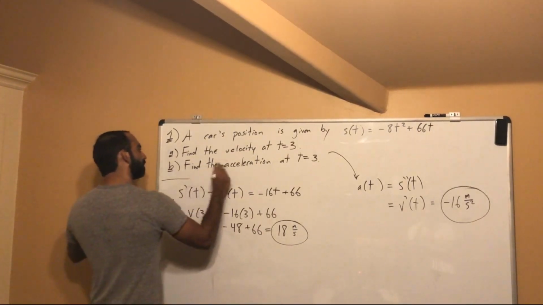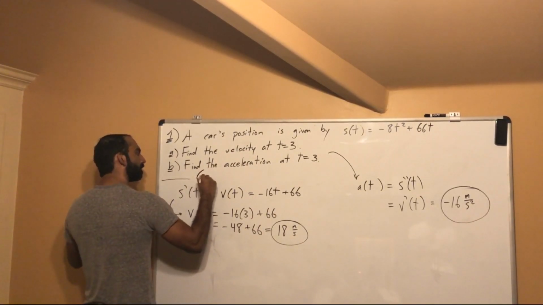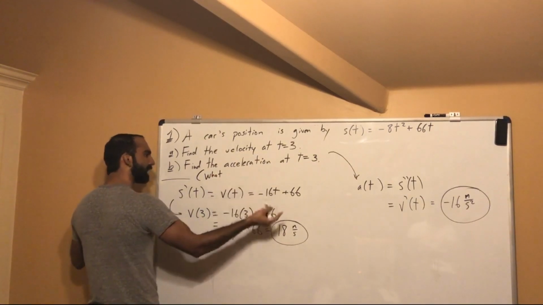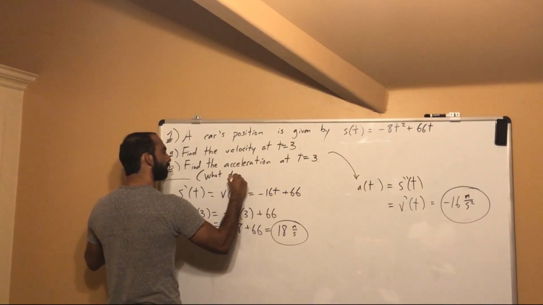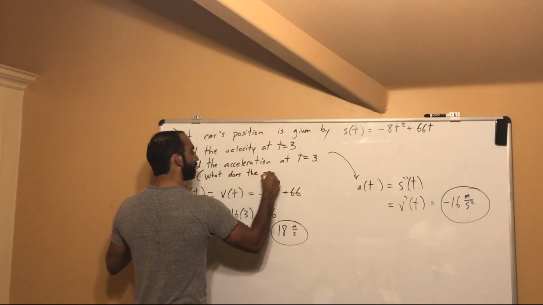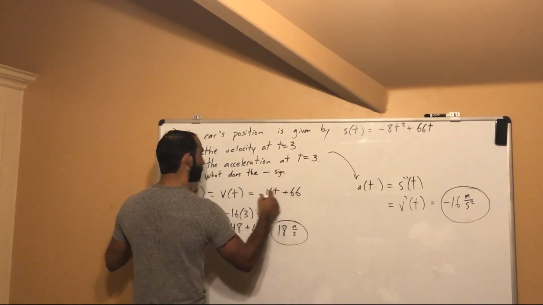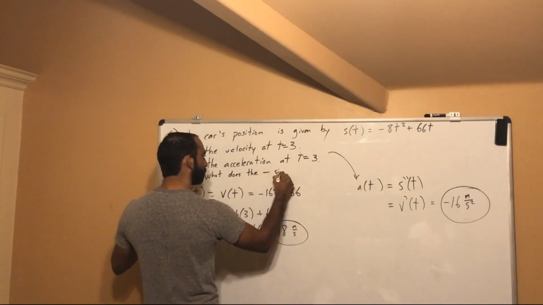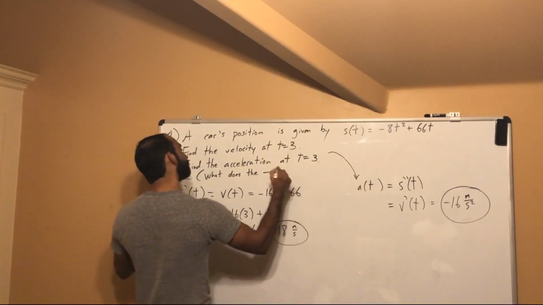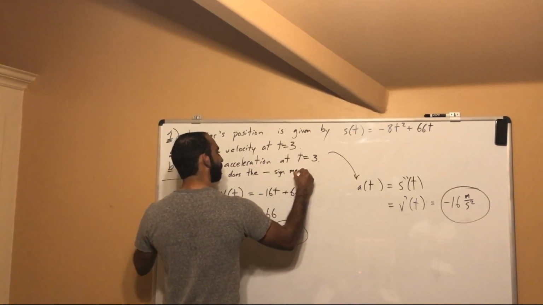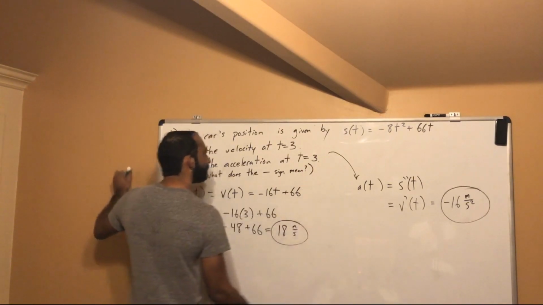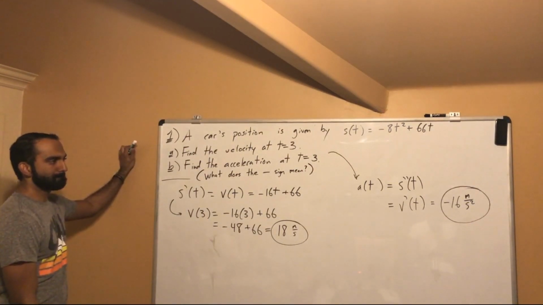All right, what if I asked a follow-up question? And what does that negative sign mean? It's decelerating. So yeah, that's the physics explanation. It's always decelerating, but what does deceleration mean? It's going into the opposite direction. Coming to a stop. It doesn't have to stop.